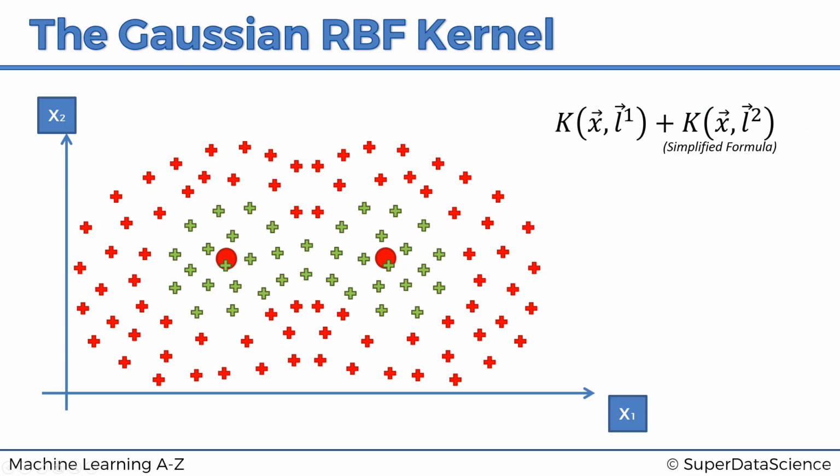It's a bit more complex than that, but in simple terms, if you take 2 kernel functions and you just add them up, then because the value of the function becomes 0 when you get further away from the landmark, they don't really interfere.